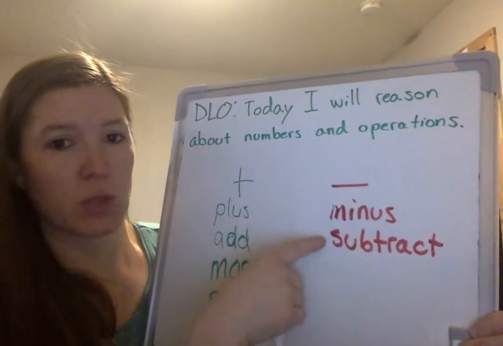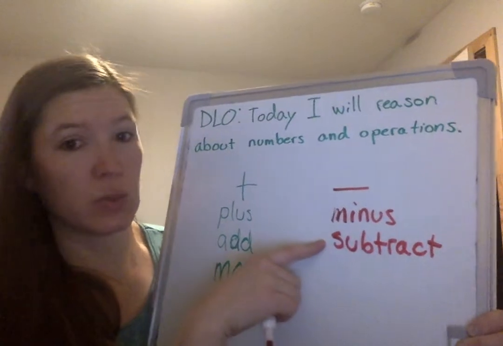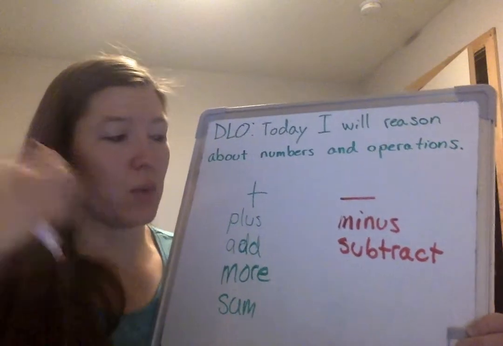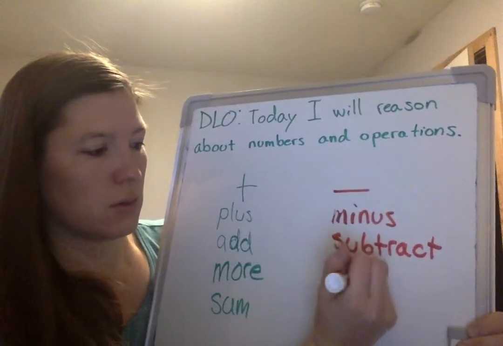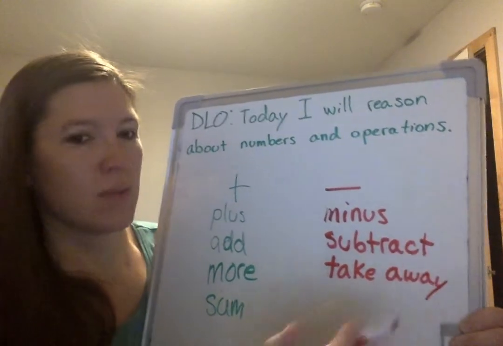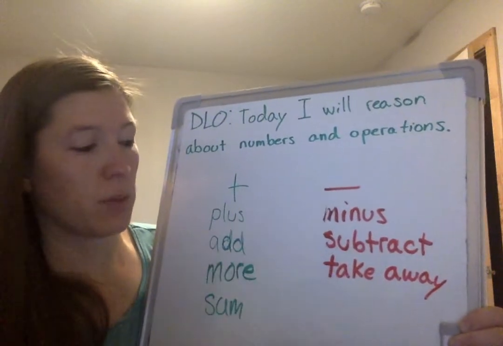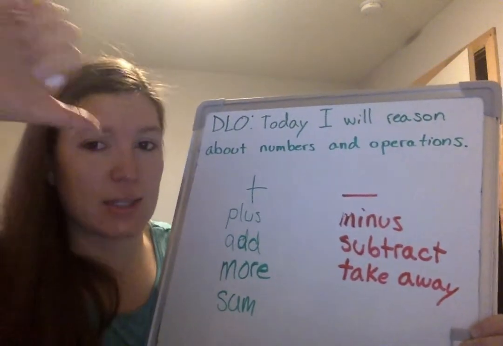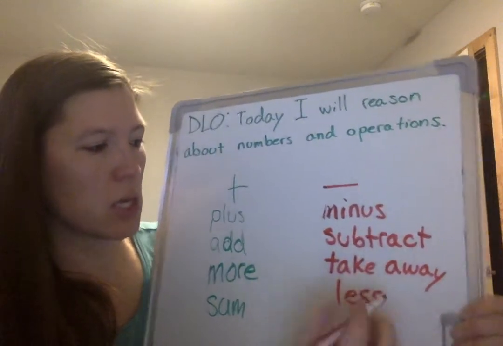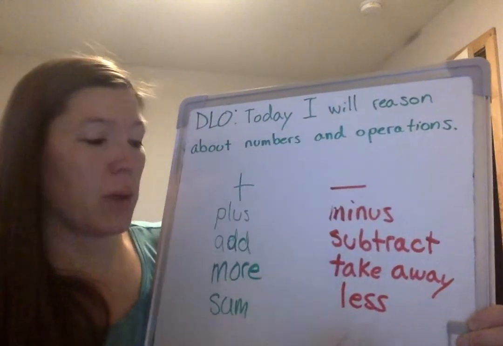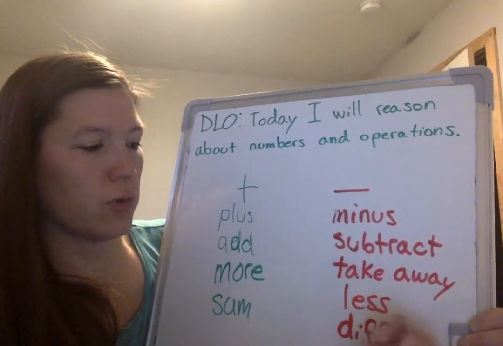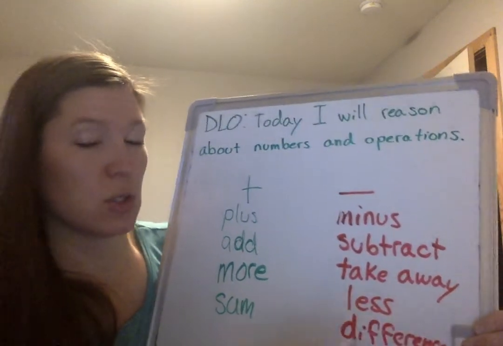When you subtract with a pirate, yo ho ho, you always take away. When you subtract with a pirate, you're always getting less. There's not as many. When you subtract with a pirate, you'll find the difference. Difference is the total at the end.